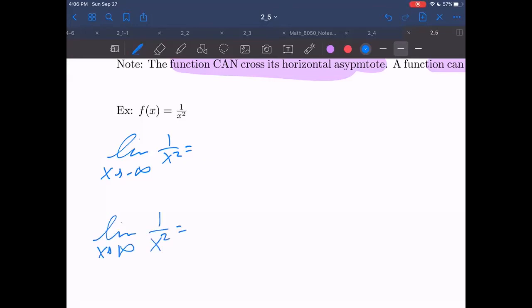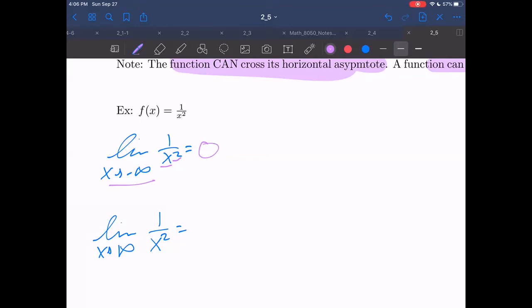If x is getting large and going towards negative infinity, our denominator is going to get really, really big because even though they're negative numbers, it'll be squared. So our denominator is just going to get really, really big, and our numerator is going to stay 1. So it'll go closer and closer and closer to 0.